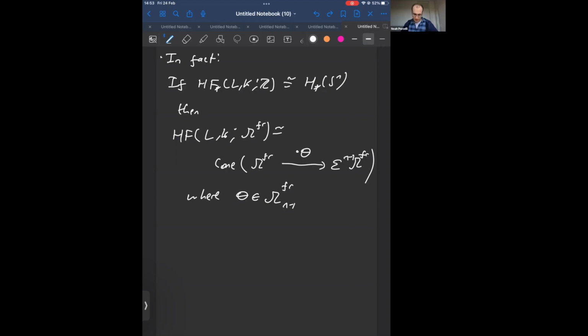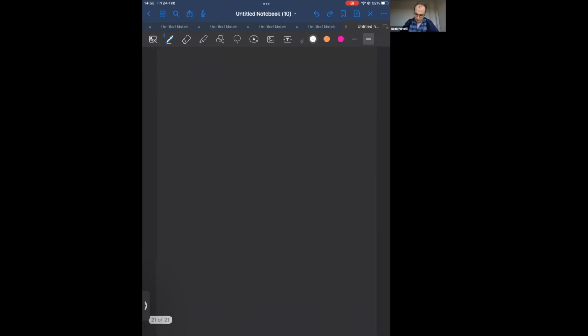So the main technical lemma that we'll use is the following.